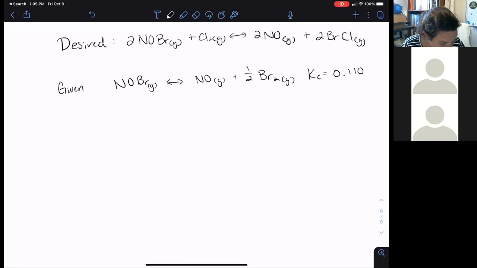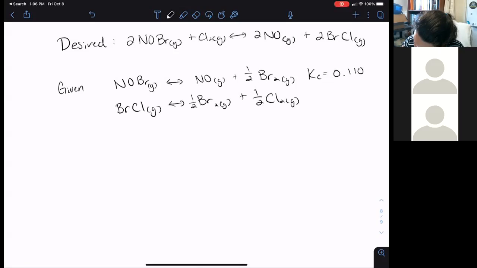And then, okay, so those are our two equations that we're given, and we're given Kc values for them.